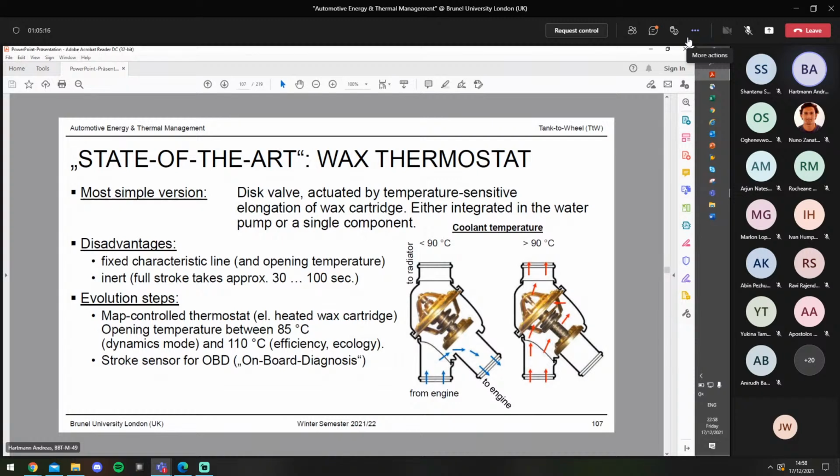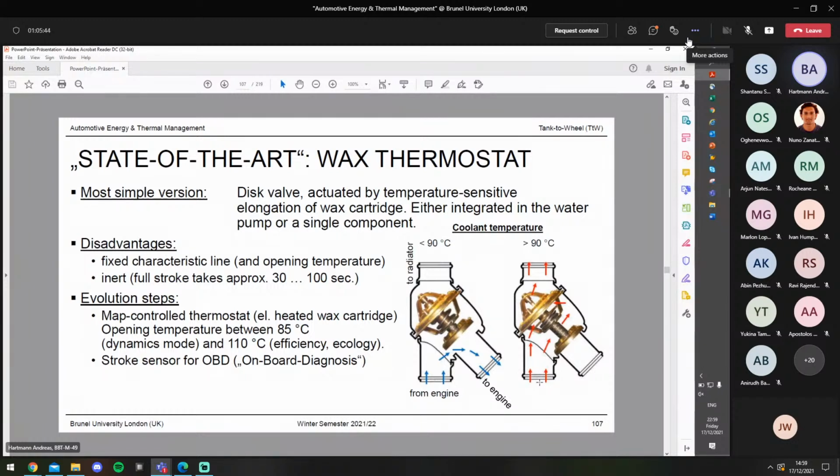And then you have a piston which is filled with a wax, and this wax increases its volume when it's heated up, and then applies a force against the force of the spring, and pushes the valve, as you can see on the right side, in another direction, and finally closes the shortcut back to the engine.